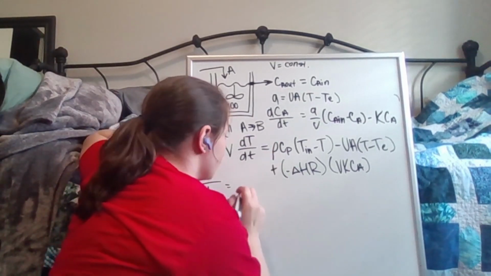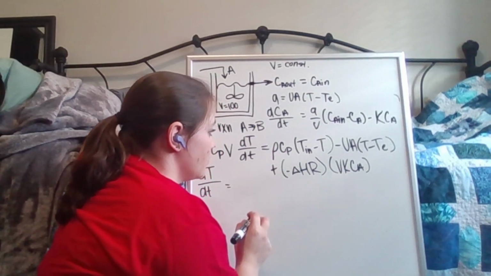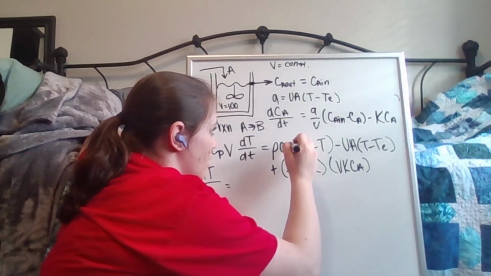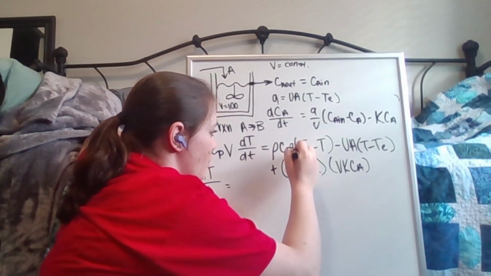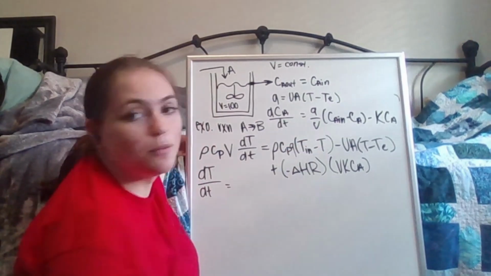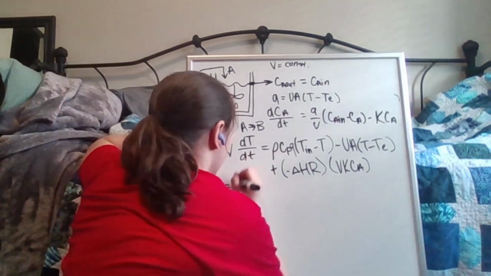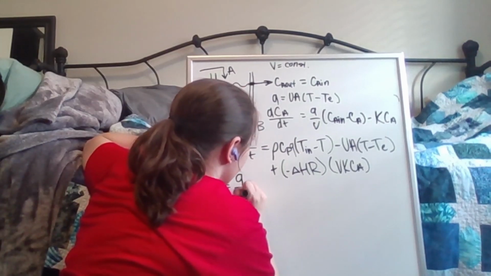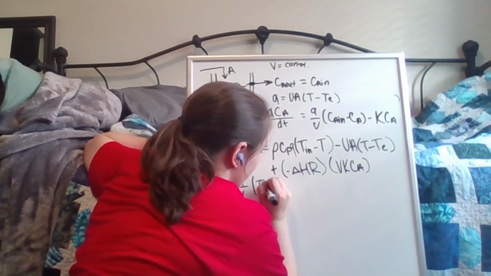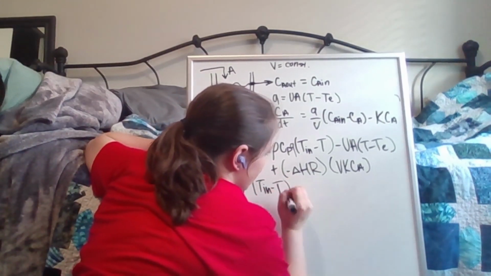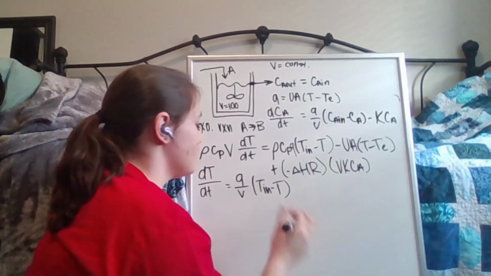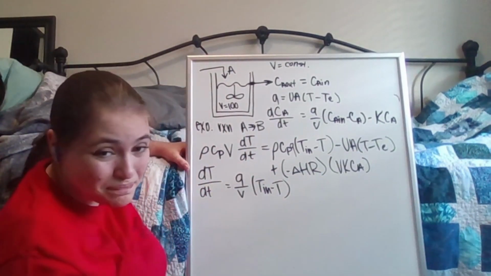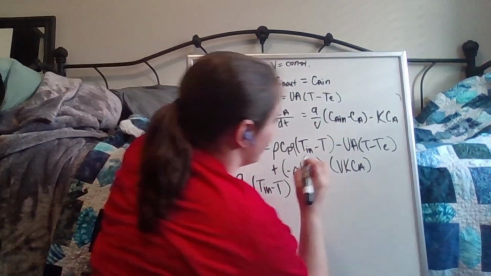So that cancels and we leave our volume. I forgot my Q. Yeah, whoops. So that cancels, and so we have our Q over V, same as before, Tn minus T. And then over this, nothing really cancels, so it is everything over that.